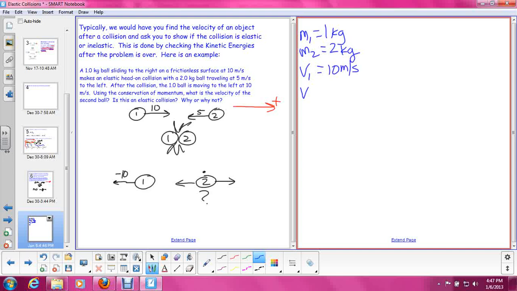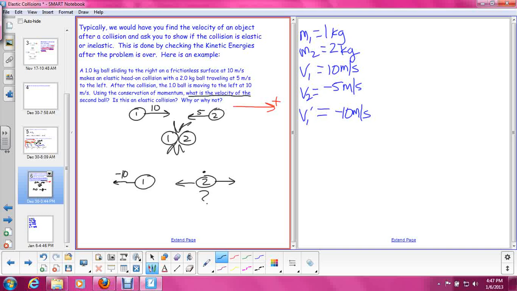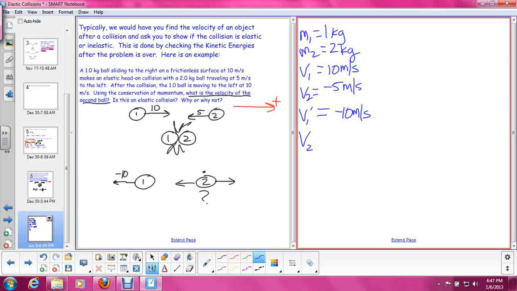And the initial velocity of the second ball is negative, don't forget the negative, 5 meters per second. We also know that the final velocity of the first ball, or v1 prime, is now negative 10 meters per second. And what we are trying to figure out, at least for the first part, is the velocity of the second ball. So we want to find v2 prime.